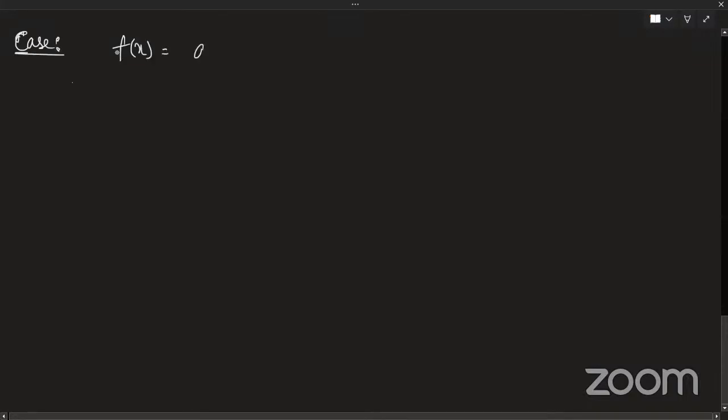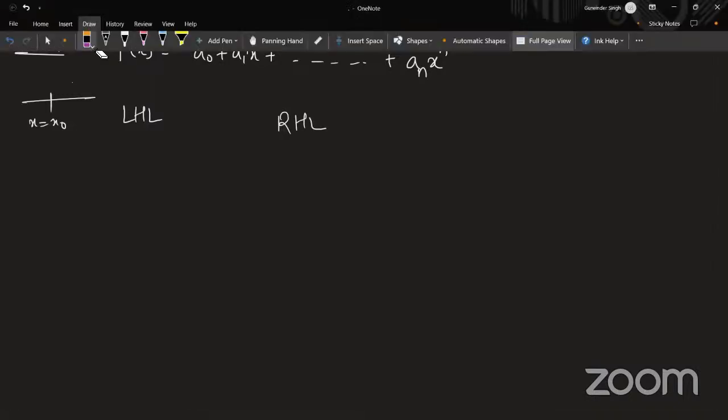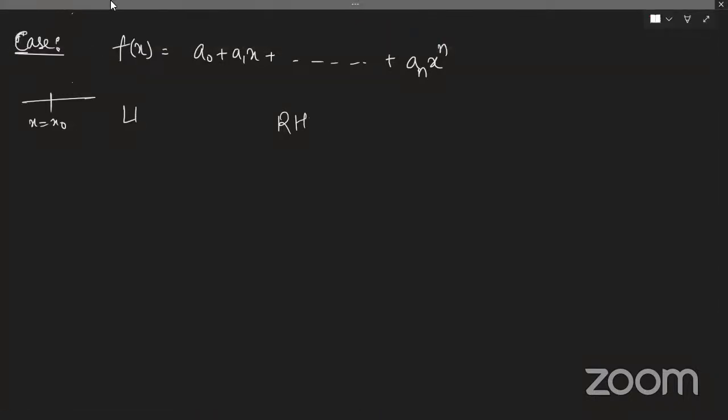So you can just think of it like you have a polynomial f of x as something like a naught plus a1x plus something, up to an x raised to n. You choose any point x is equal to x naught. If you take the left hand derivative and the right hand derivative, both of these will be equal.